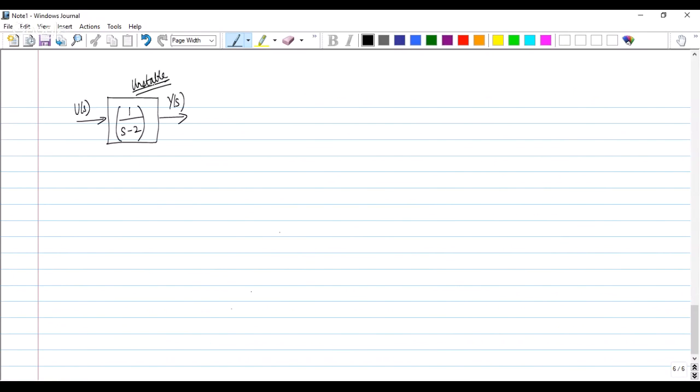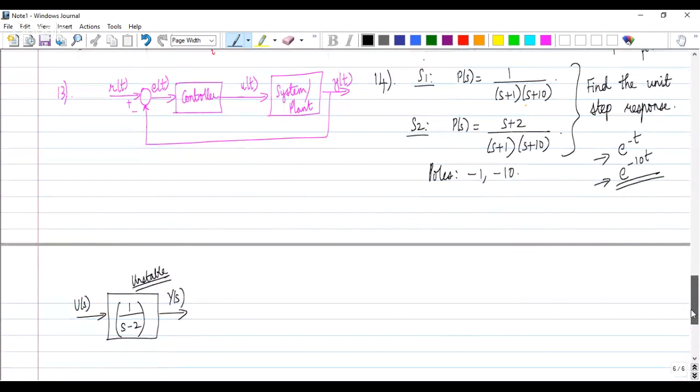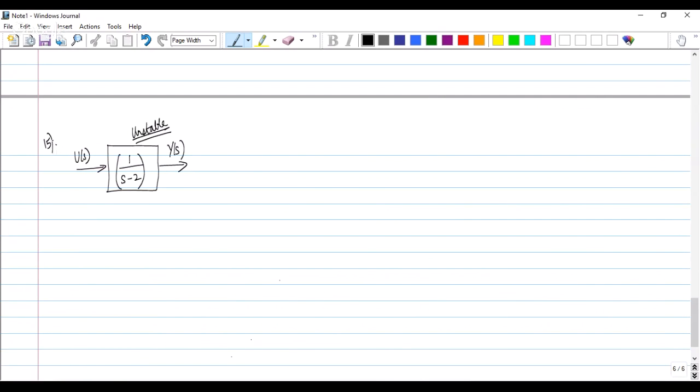Now let us say I try to do pole zero cancellation. I propose a mechanism wherein I give a reference input to a block which is (s minus 2) divided by (s plus 2), and then I give the corresponding output to this plant, and you get an output Y(s).